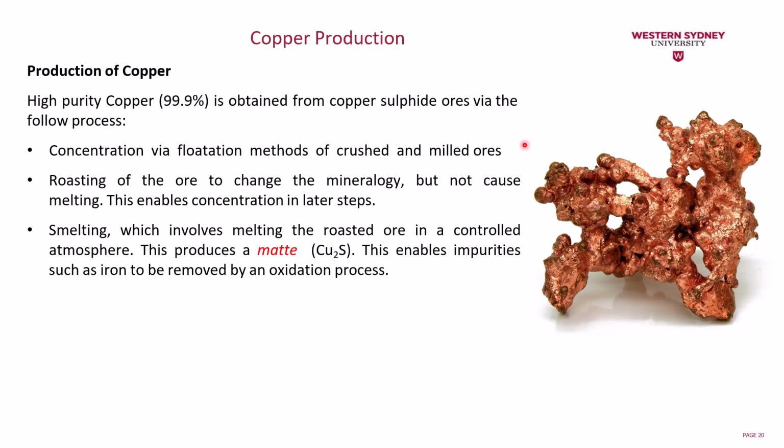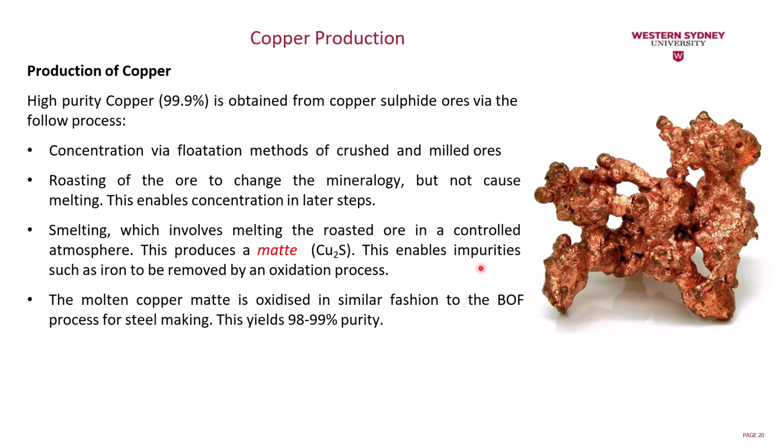Then the smelting, which involves the melting of the roasted ore in a controlled atmosphere. This will produce what we call the copper sulfide or matte. This will enable impurities such as iron to be removed by the oxidation process.